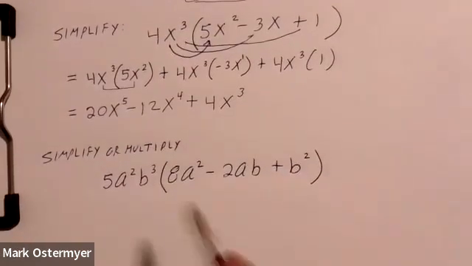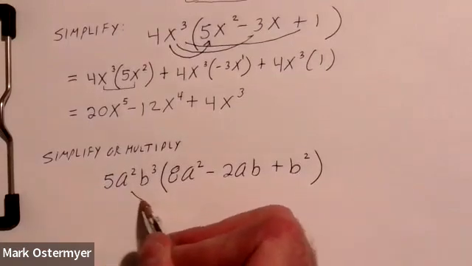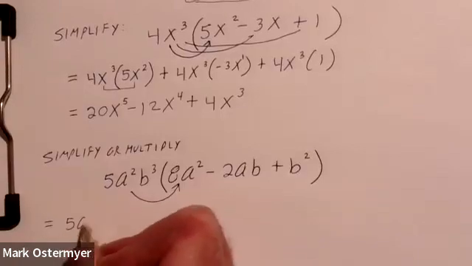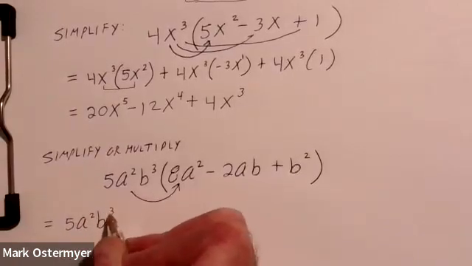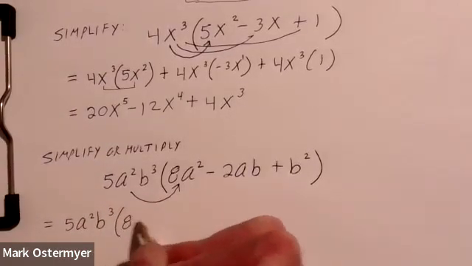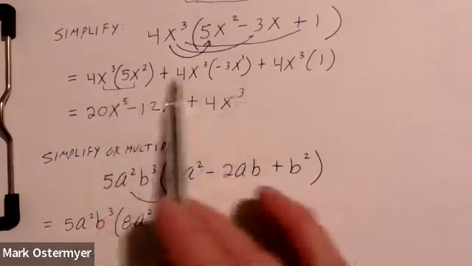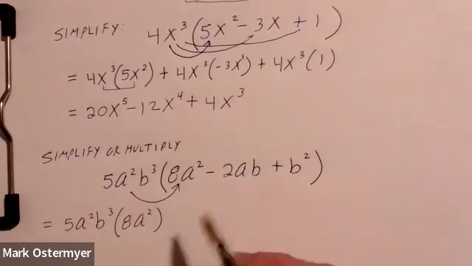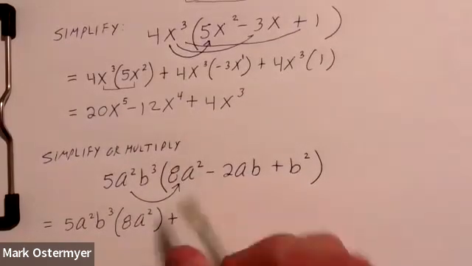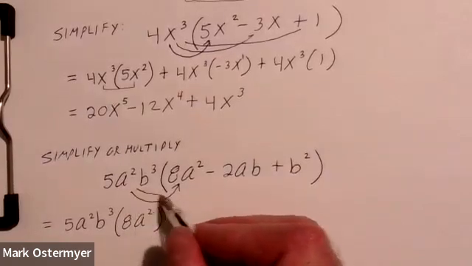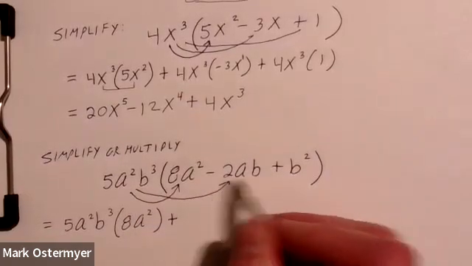Okay? So this 5a squared b cubed is going to have to get multiplied by 8a squared. And this is an optional step, especially when you get better at this. You can omit this step here and the one I'm writing here. I always put plus signs in between my products, to remain consistent. Now the 5a squared b cubed is going to get multiplied by the negative 2ab.